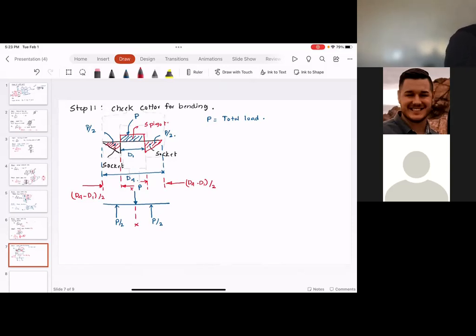So the bending moment will be at section X. How would I find out the bending moment?